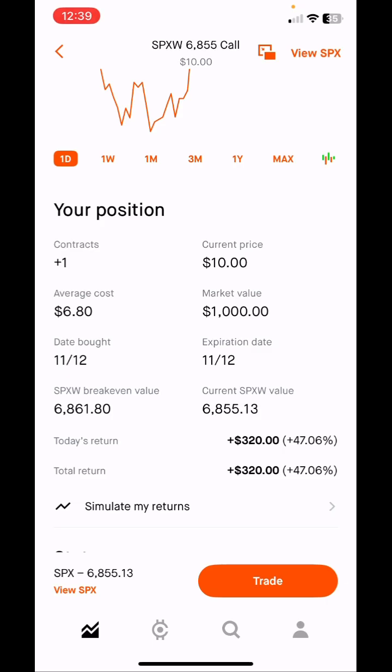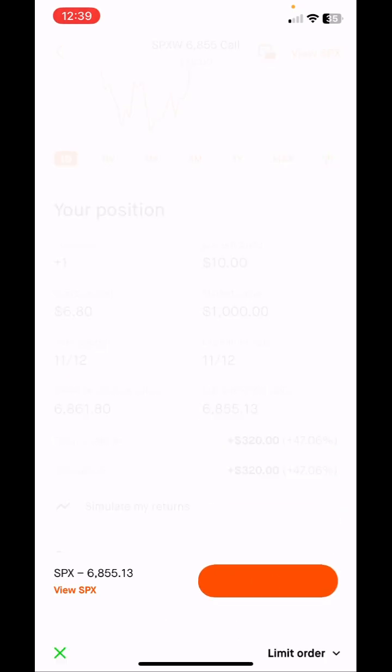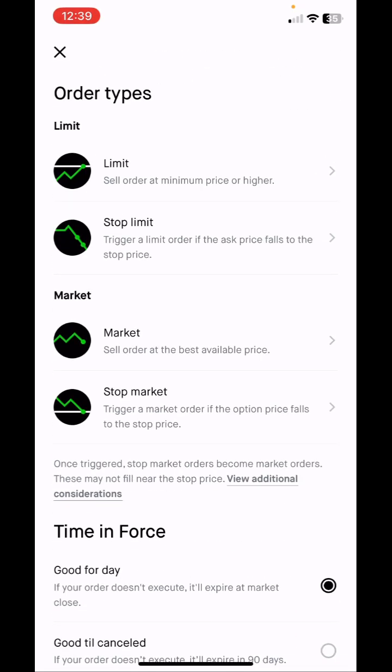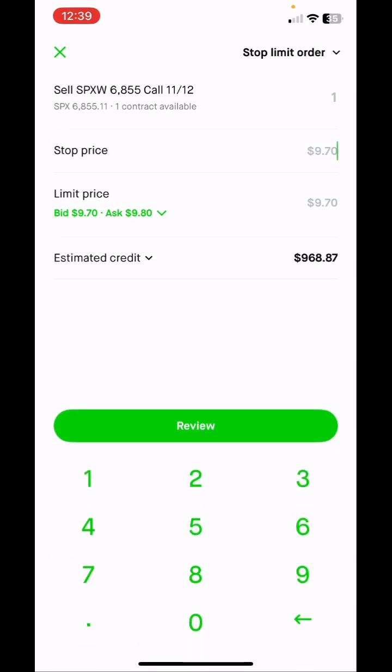So what we'll do is say 985, and if it hits 985, sell at 980. So if it goes up to like $10, then comes down to 985, it's going to sell at 980, which would give you $300.